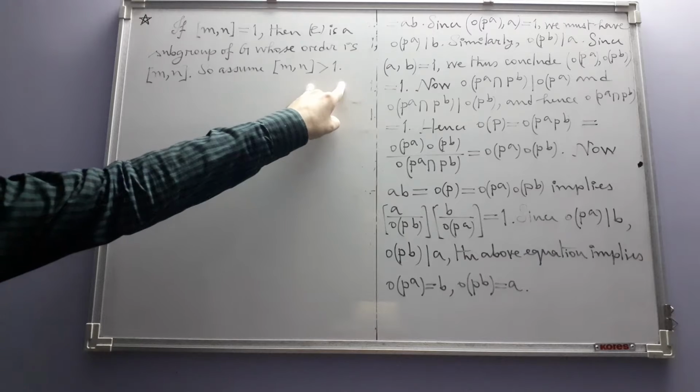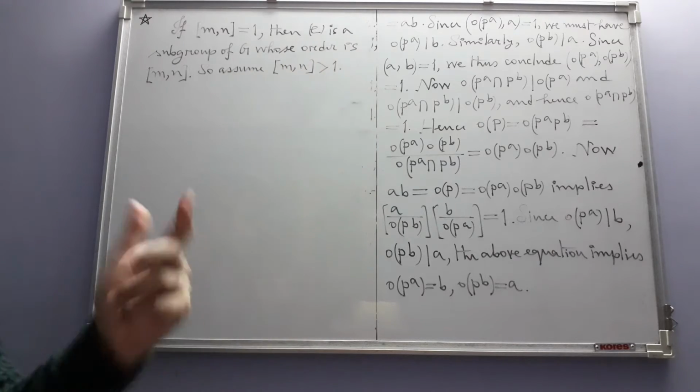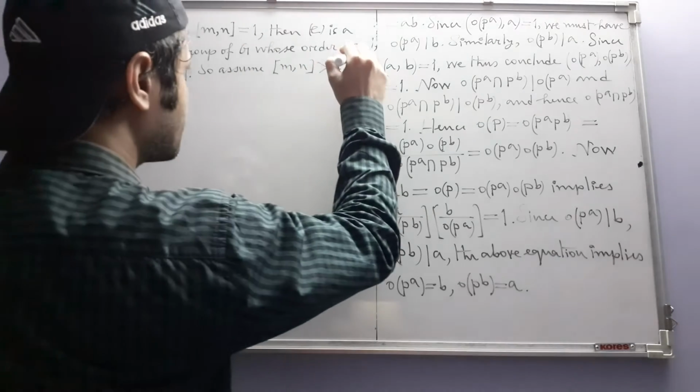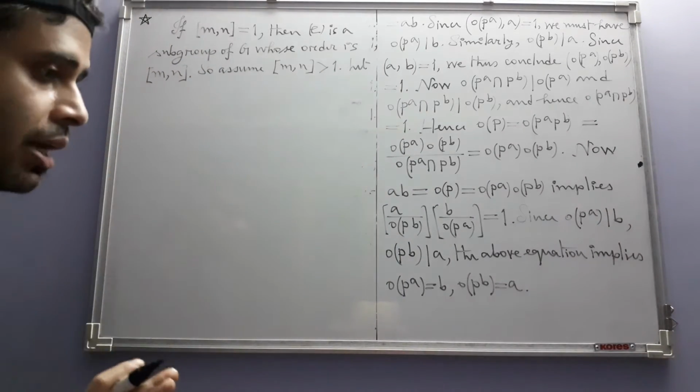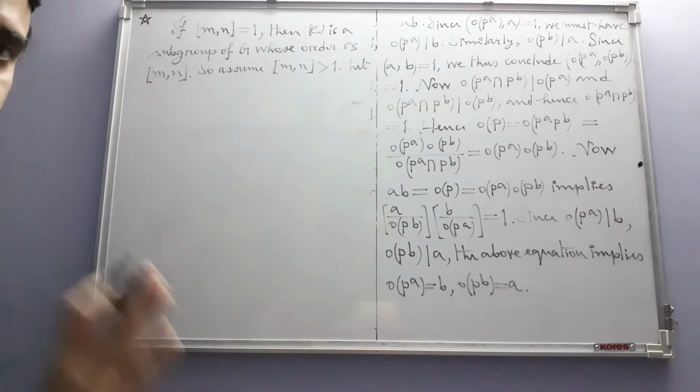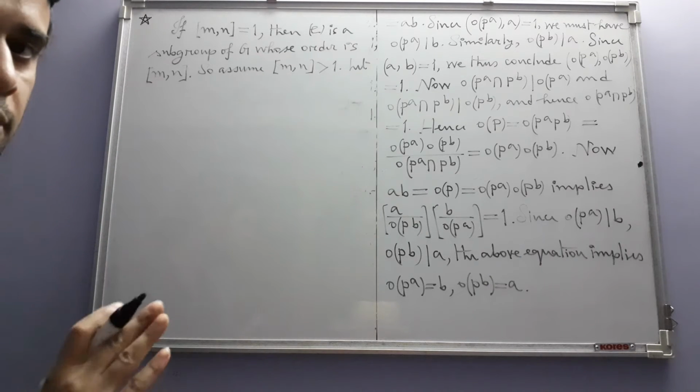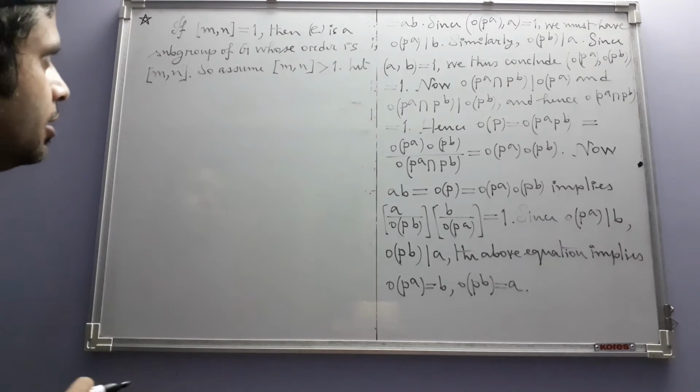So by the fundamental theorem of arithmetic, it will have a prime factorization. And keep in mind the fundamental theorem of arithmetic we have already proved in the third section of the first chapter, which treats integers.